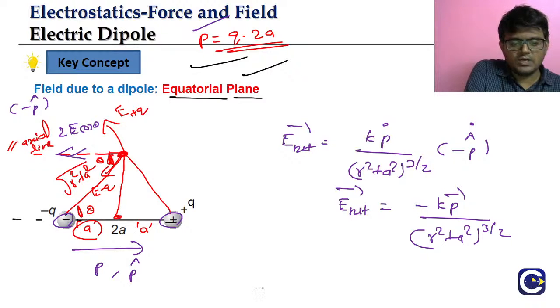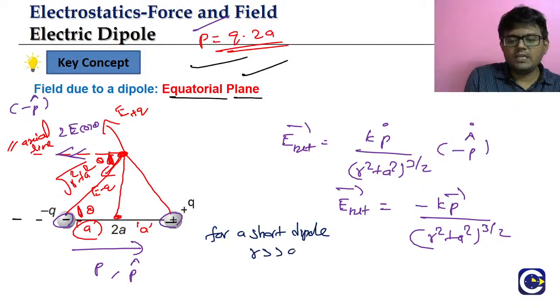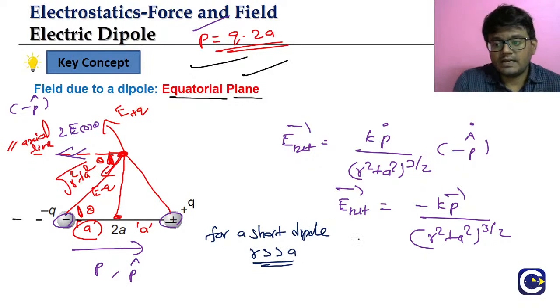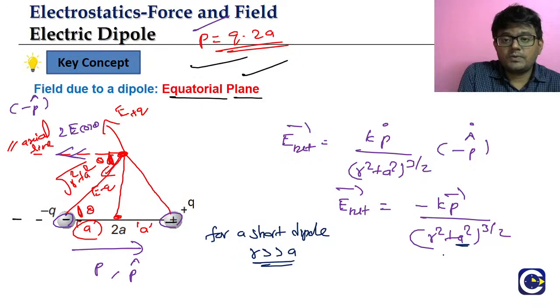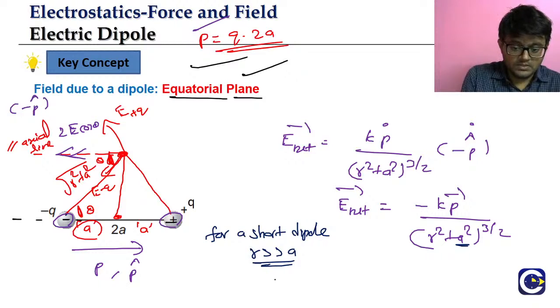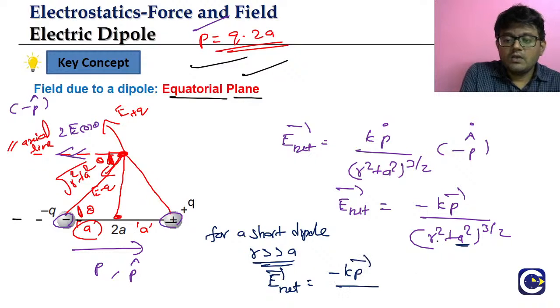What is the short dipole concept? For a short dipole, the R value will be very, very high in comparison to A. So in the denominator, where we have (R square plus A square) whole power 3 by 2, we neglect the A square. After neglecting, it will be minus Kp bar divided by only R square.